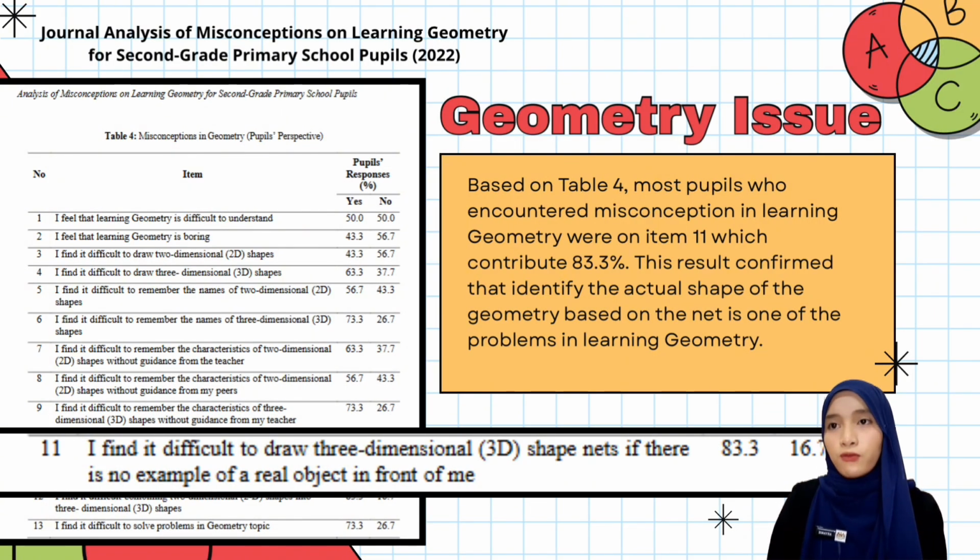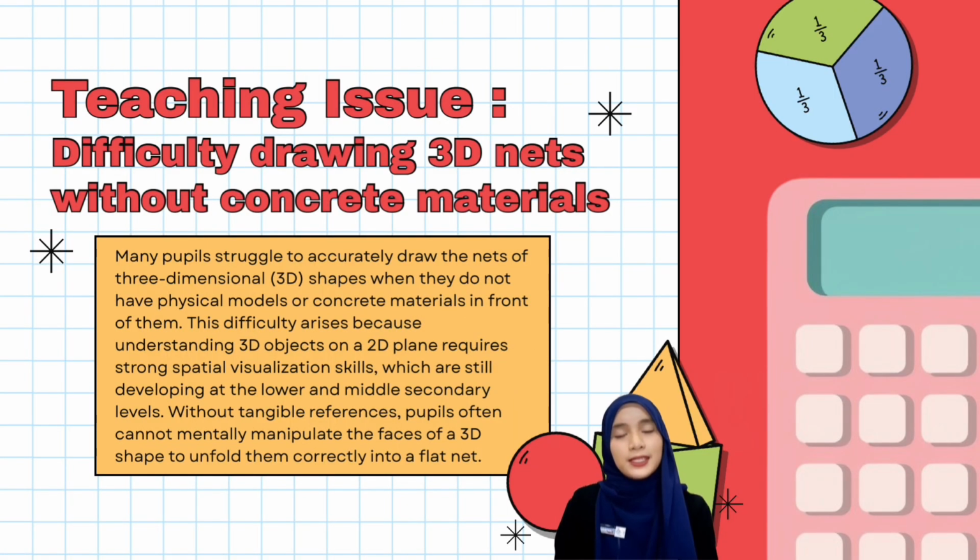This result confirms that identifying the actual shape of the geometry based on the net is one of the problems in learning geometry. The main teaching issue is that many people struggle to accurately draw the nets of three-dimensional shapes when they do not have physical models or concrete materials in front of them.